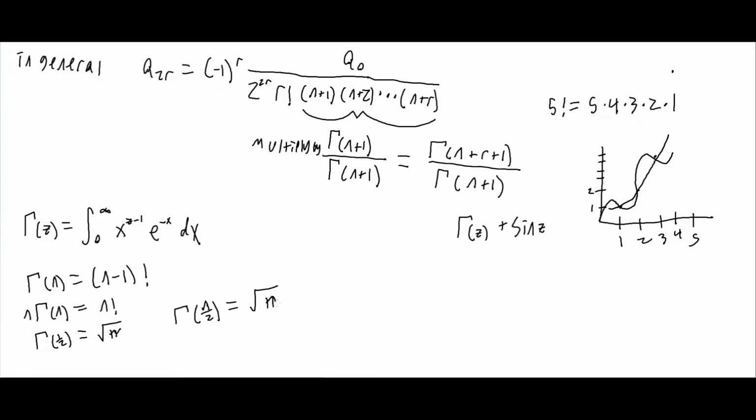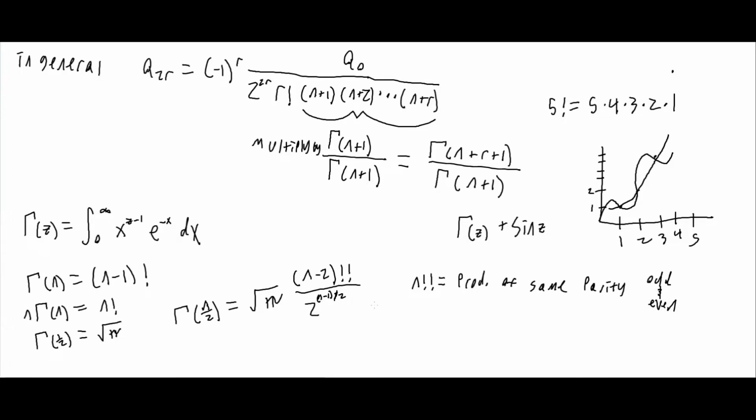root of pi multiplied by n minus 2 double factorial over 2 to the n minus 1 over 2, where the double factorial is just the product of numbers of the same parity, where parity means odd and even.